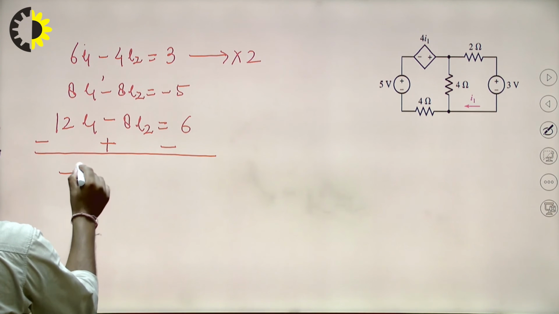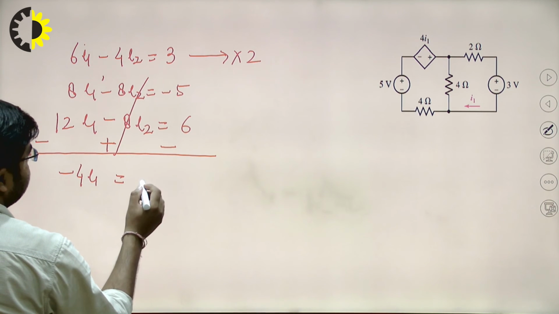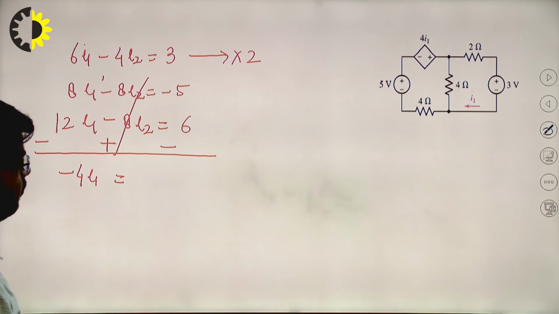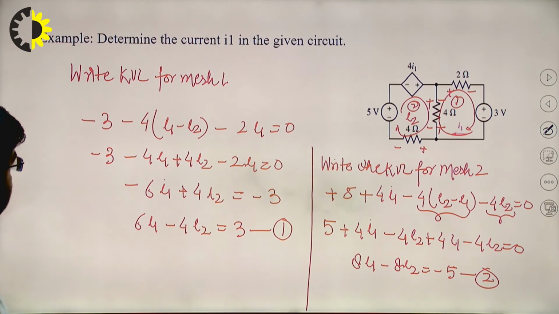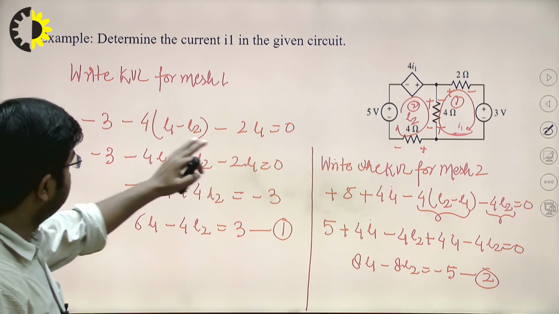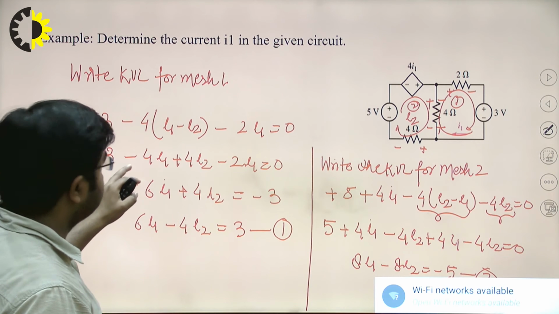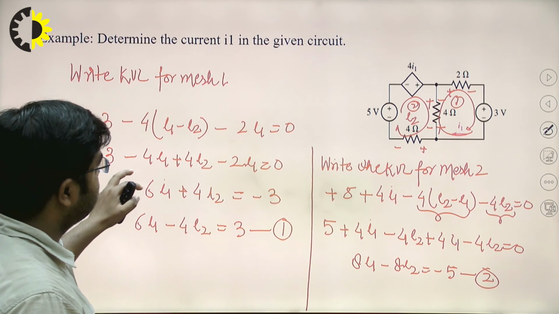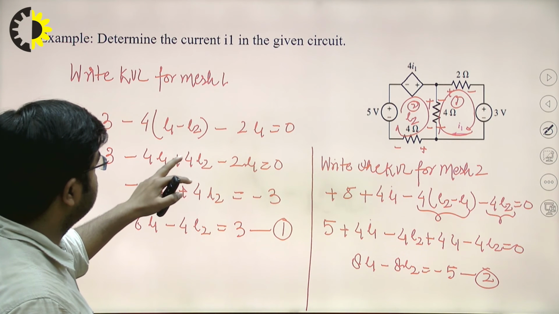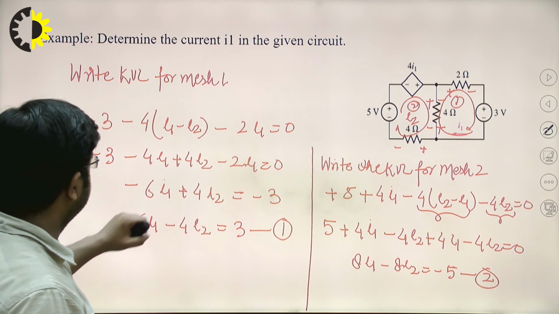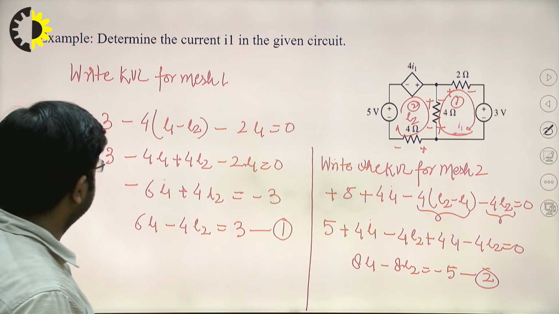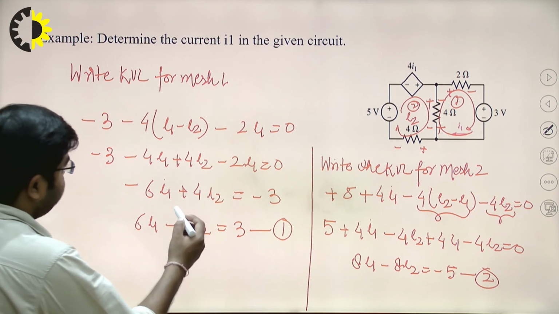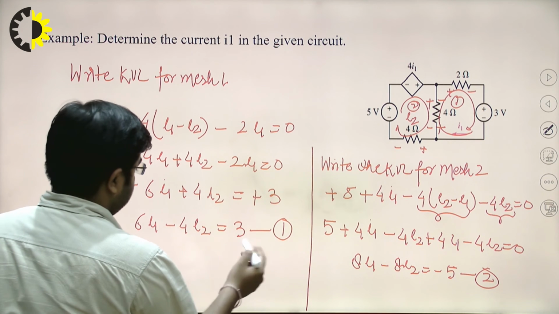Yeah, so minus 4I1, this will get cancelled out, that is equal to, I think, minus 3I1 minus 4. This will be plus, this will be minus.